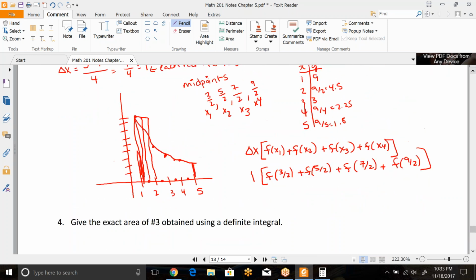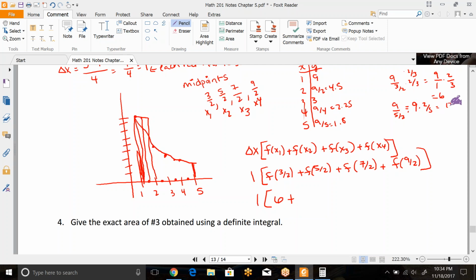Okay, so our function was 9 over x. So 9 over 3 halves, you'd multiply top and bottom by 2/3. So that's going to be 9 over 1 times 2/3, which is going to be 6. So this first one is a 6. 9 over 5 halves would be 9 times 2/5.